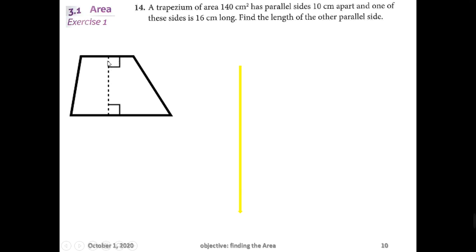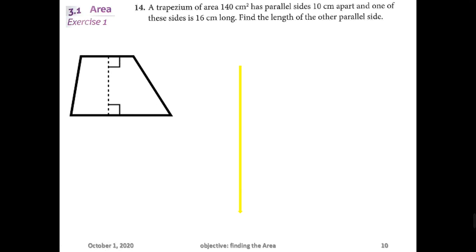Because this little box here is telling me that between this horizontal side and this vertical side there is a 90-degree angle, as well as the angle between this horizontal side and this vertical side is actually 90 degrees as well. So the two horizontal sides are parallel, and the dotted line is vertical on both parallel sides.